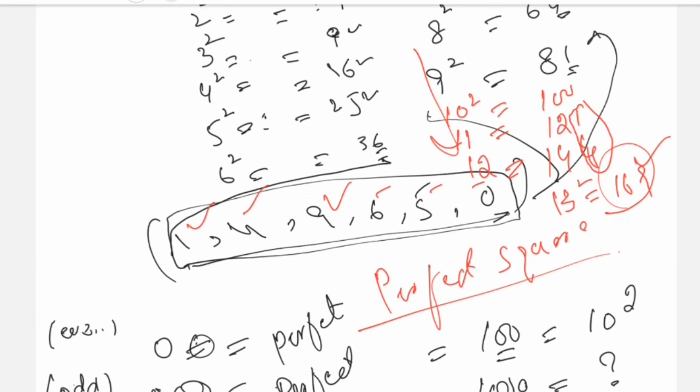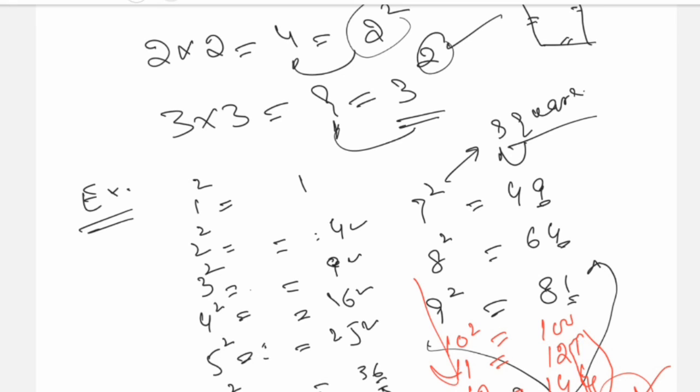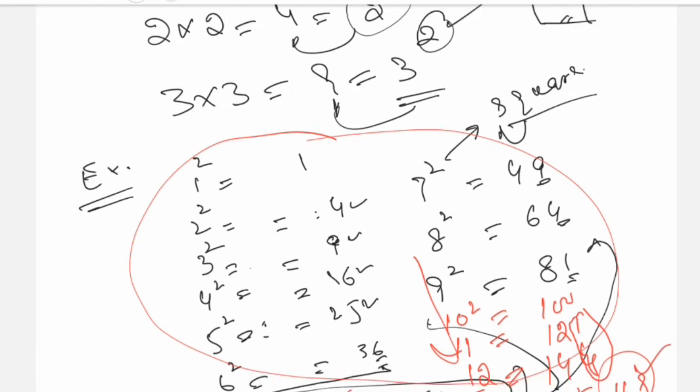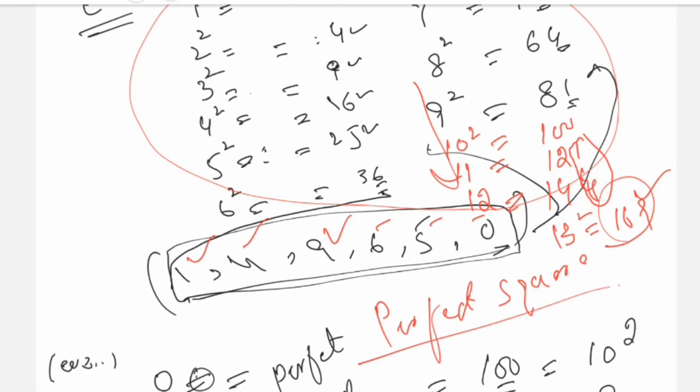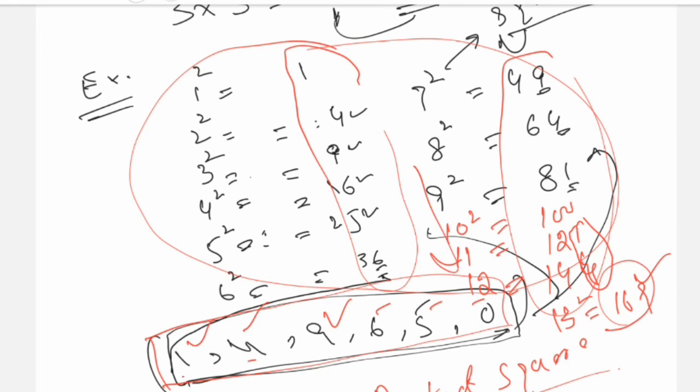So these are the basic questions, and most of the questions in this chapter depend upon this theory. You should know that when we have a last digit, it should be among these: either 1 4 9 6 5 0.